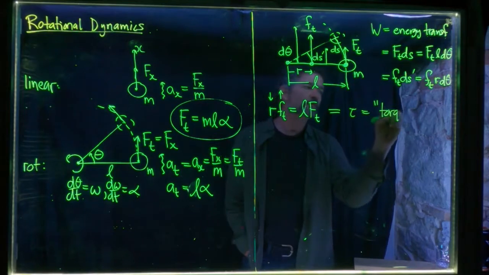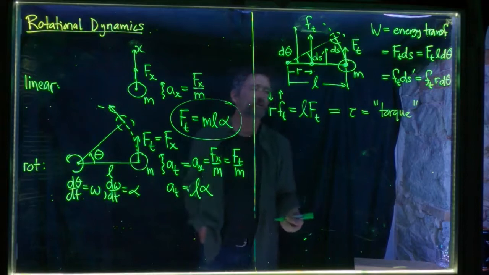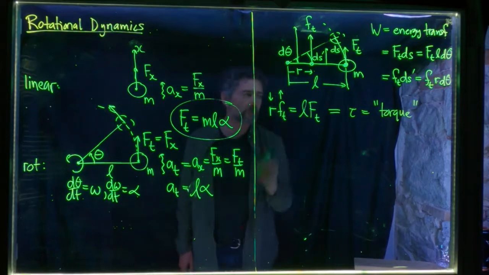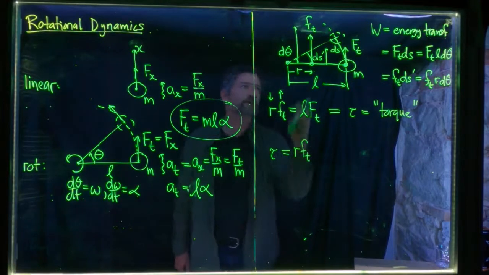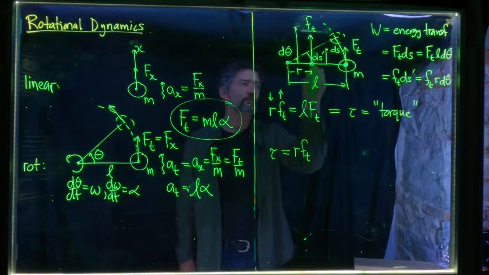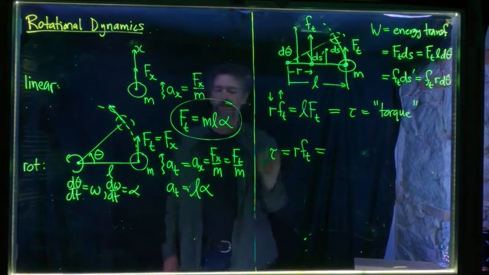That's the twisting force. So this torque, tau, is equal to r times the perpendicular or tangential force. And that's equal to L times capital Ft.